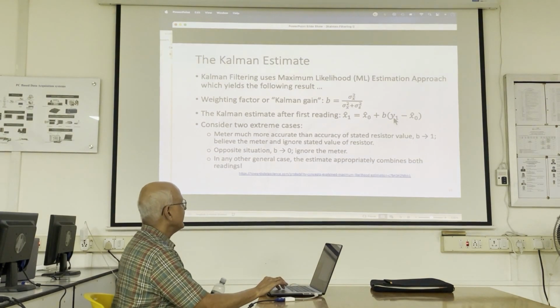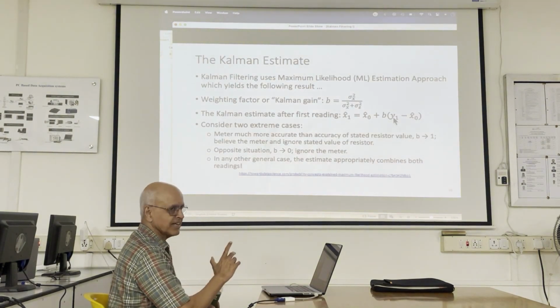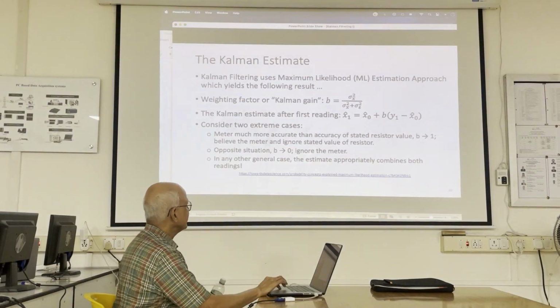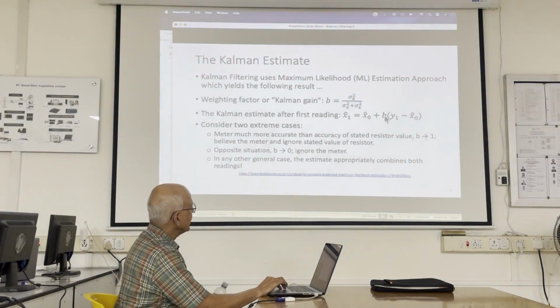Now, expressed like this, it is not as clear as a different way of expressing it. And that is, open up this parenthesis. So you get B times Y1, but you also get B times X0 with the minus sign. So I can combine the X0 with the minus B X0, and I get (1 minus B) X0 plus B times Y1.